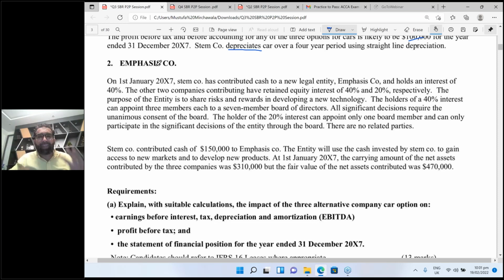Now there are two types of joint arrangement: joint operation and joint venture. In a joint operation, normally we don't create a separate legal entity. Normally the investors bring their own assets and share them, share the revenue directly, and share the cost. For example, there are three teachers.